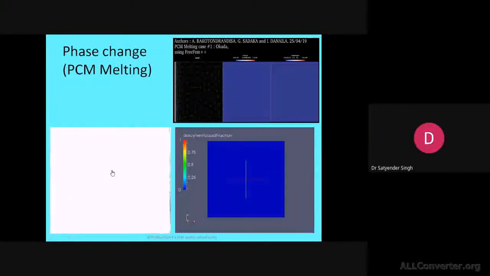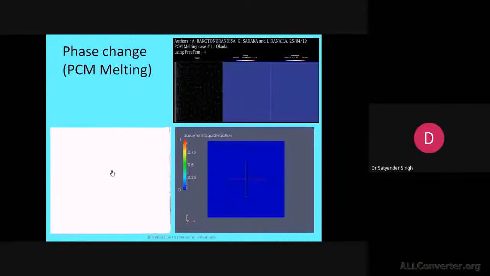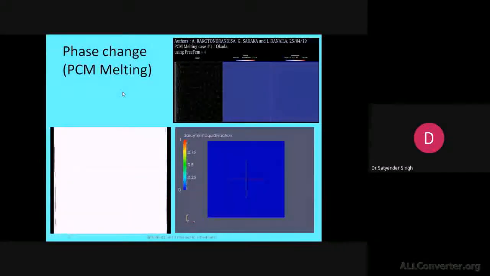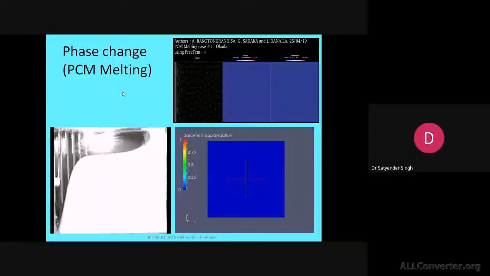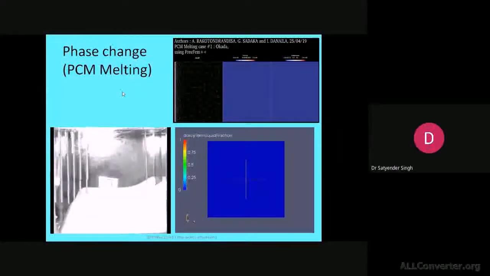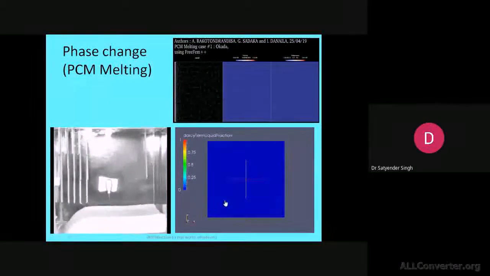First I will show you one real situation, melting of PCM, which is again created with the use of a high-speed camera. You can see the wax is melting in a square box.